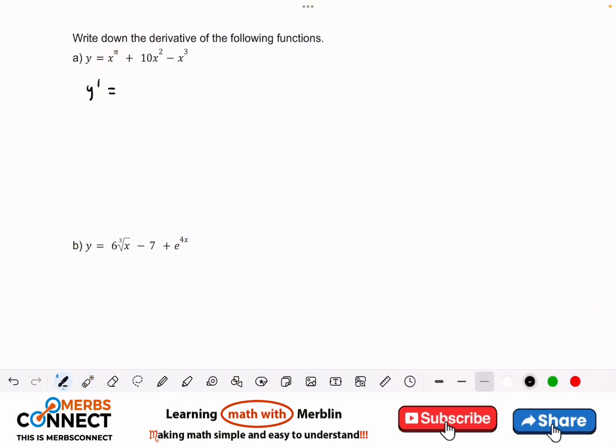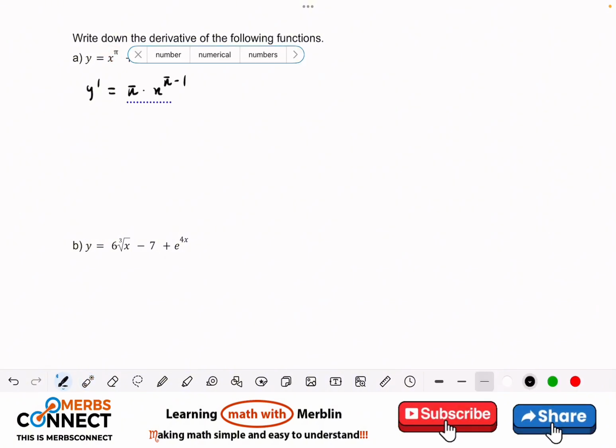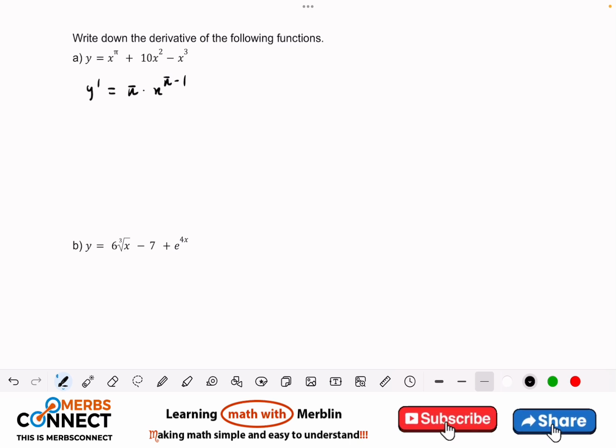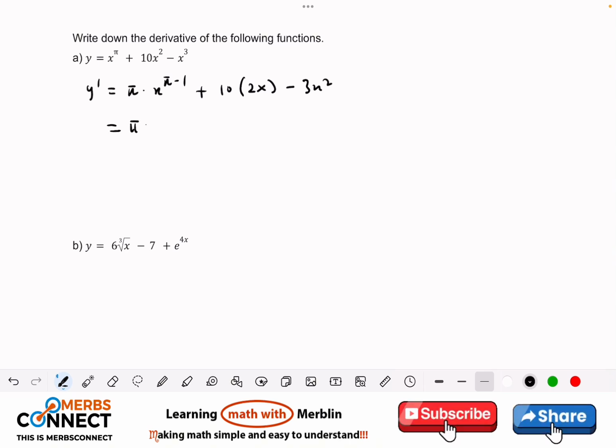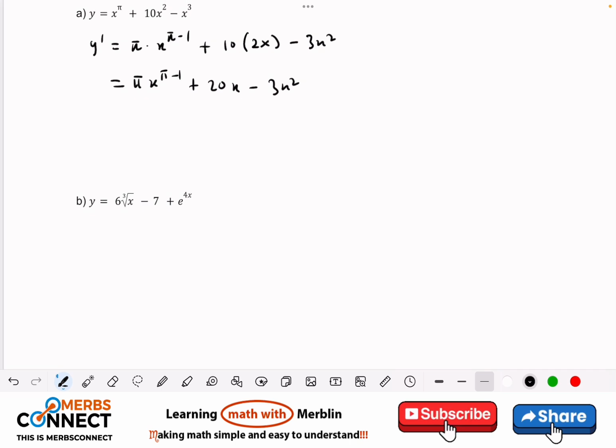So this is going to give us pi, then x to the pi minus 1. When you differentiate it, that's what you're going to get. Plus 10 out. When I differentiate x squared, I'm getting 2x. Minus, when I differentiate x to the power 3, I get 3x squared. Simplify, we get pi x to the pi minus 1 plus 20x minus 3x squared. So that's what we're going to get from there.